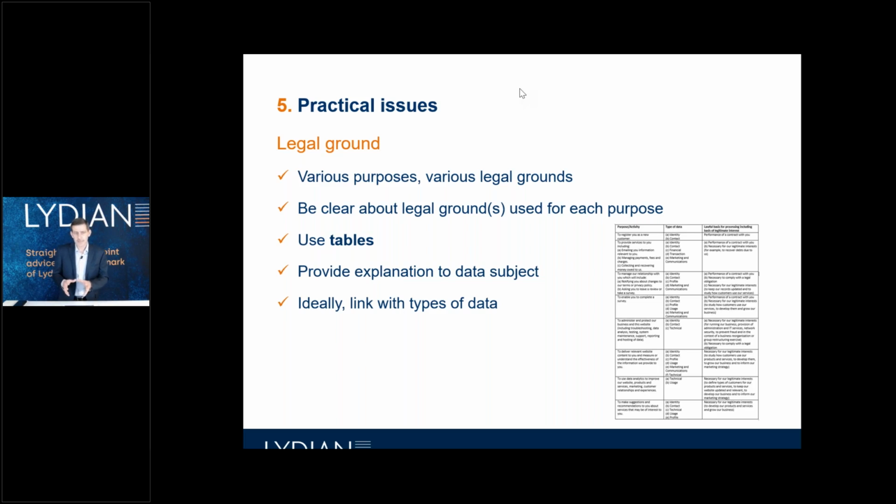So our advice is clearly to be very detailed and to be very clear about this legal ground and to relate this legal ground to each of the purposes that you are mentioning in your fair processing notice.